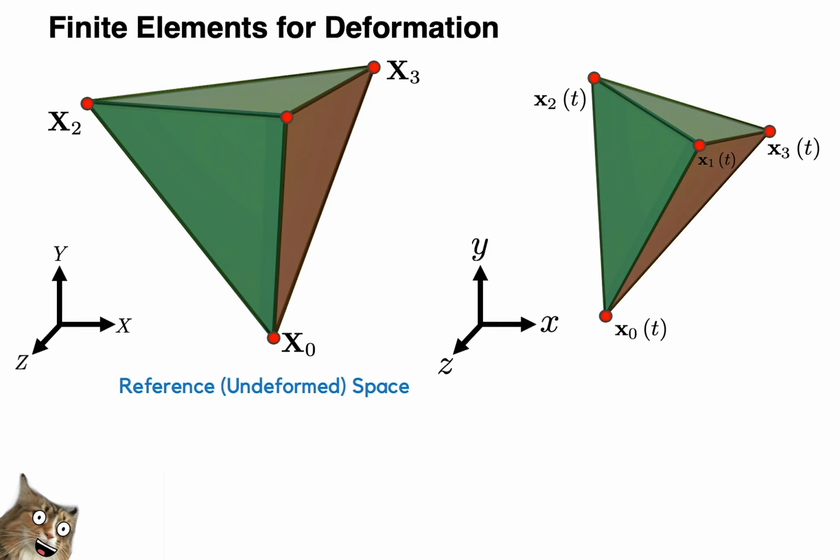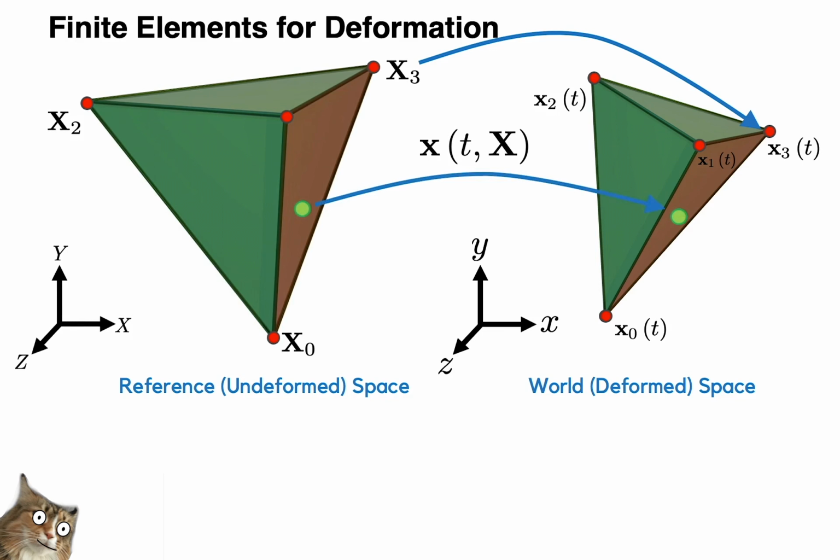Now let's bring back our time-varying vertex coordinates. We can think of these vertex coordinates as embedding our tetrahedron in a second 3D space. This space is the world, or deformed space. This space represents the 3D world you and I occupy. Each vertex has both a reference and a world coordinate, which establishes a mapping between these two spaces.